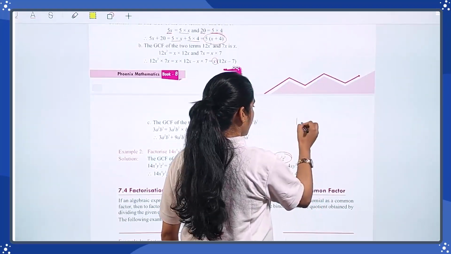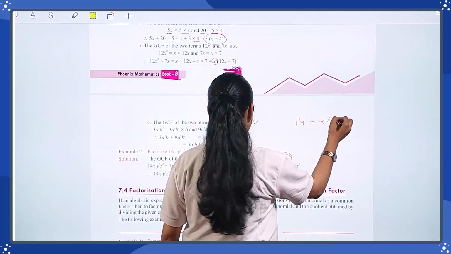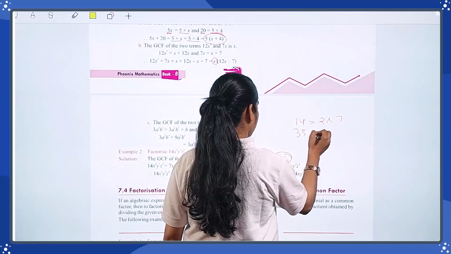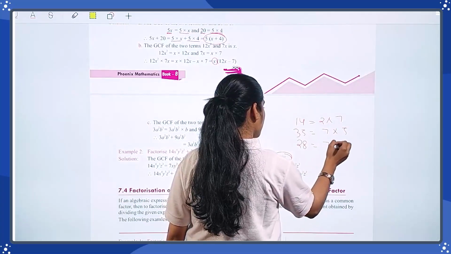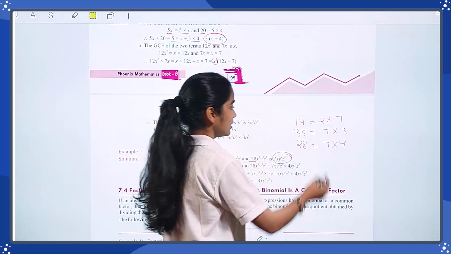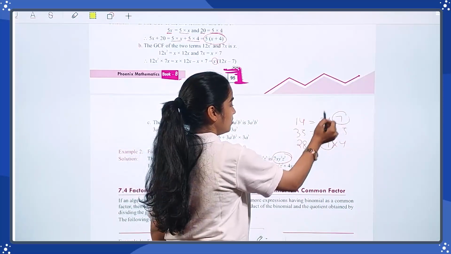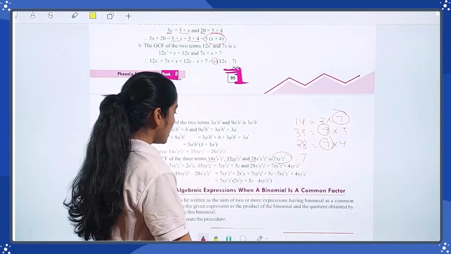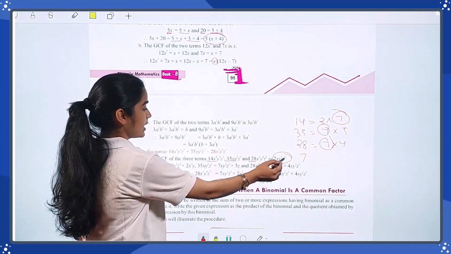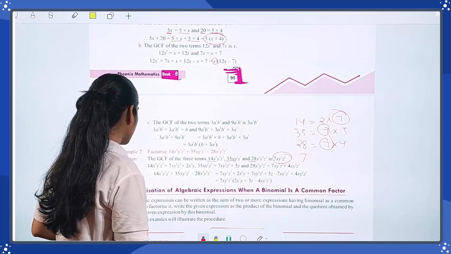For 14 we have 2 multiplied by 7, for 35 we have 7 multiplied by 5, and for 28 we have 7 multiplied by 4. So 7 is common in all of them, so we are taking 7 as the common factor. Next we have x, y and z common, so we have to take these out.